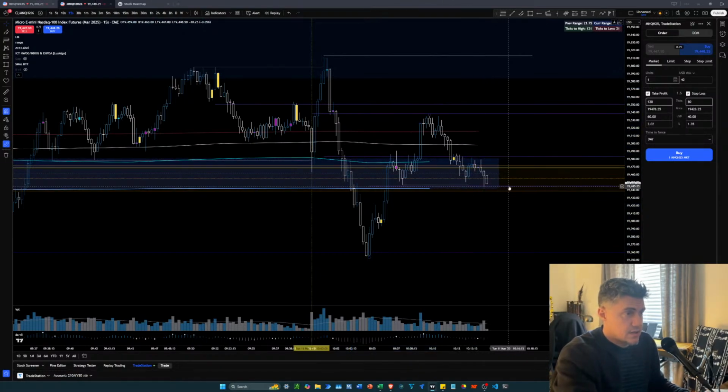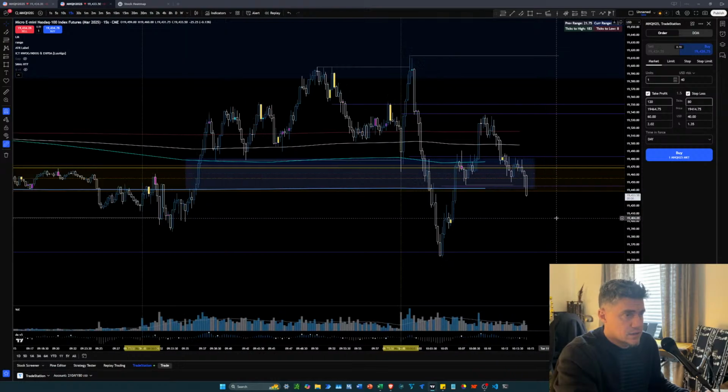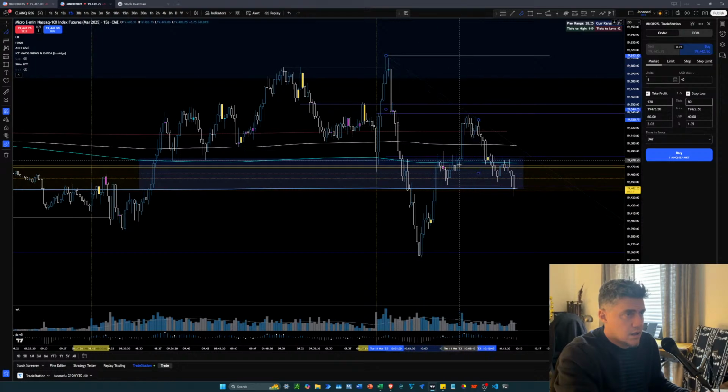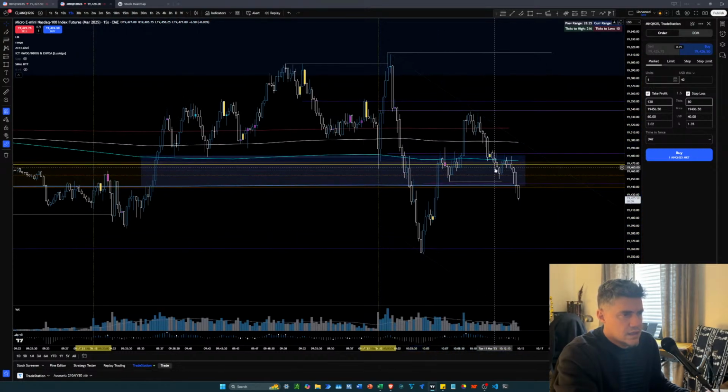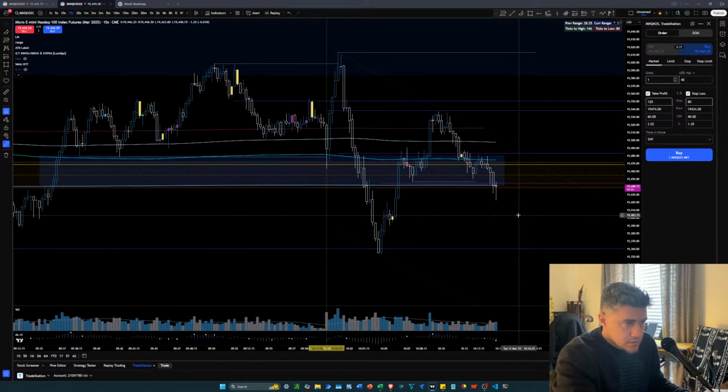I still like a long. I don't know why. Call me crazy. And I like this trade because obviously I was able to risk less than $20. And in this market, it's pretty great.